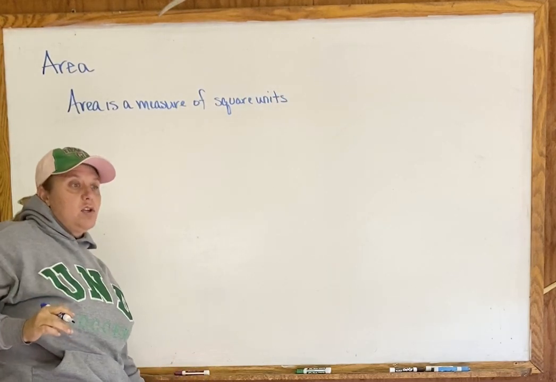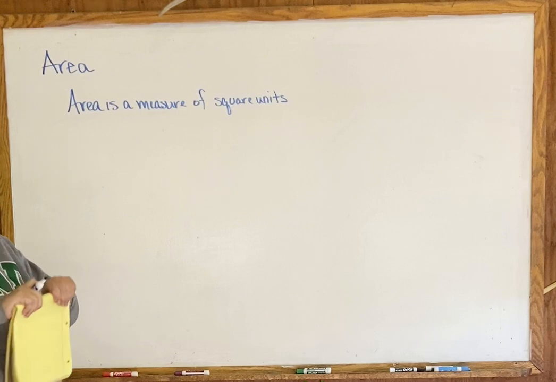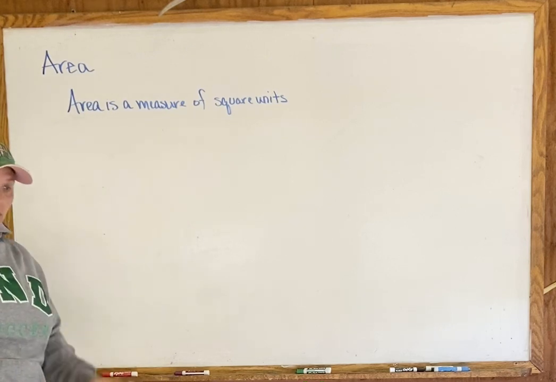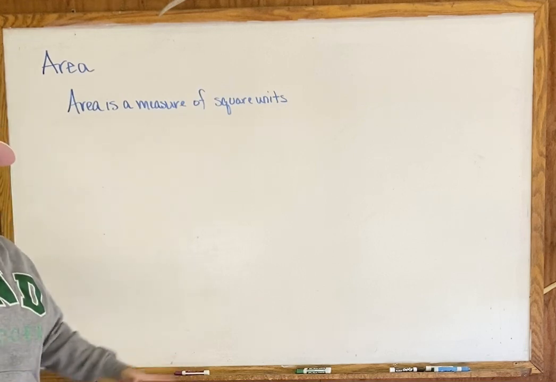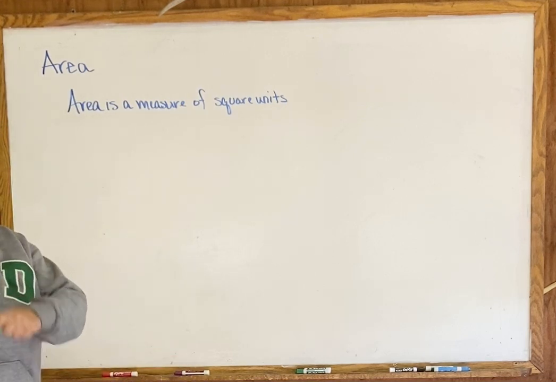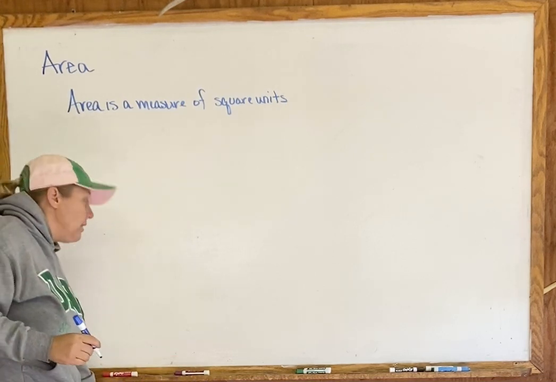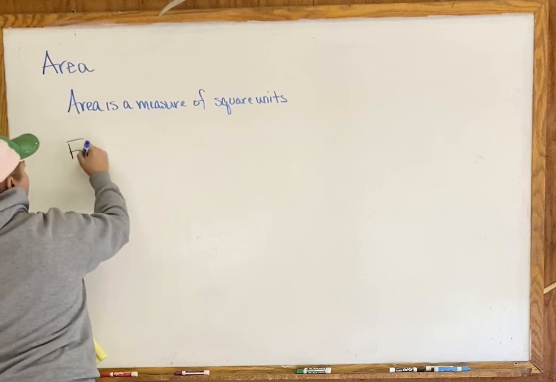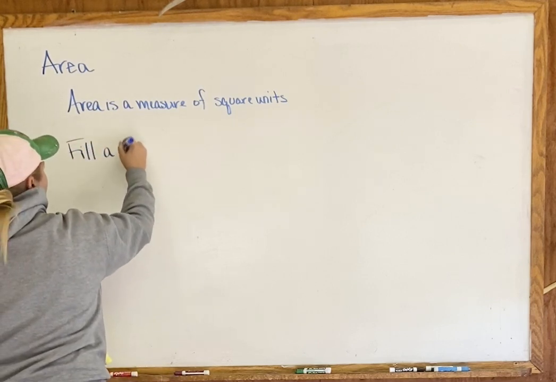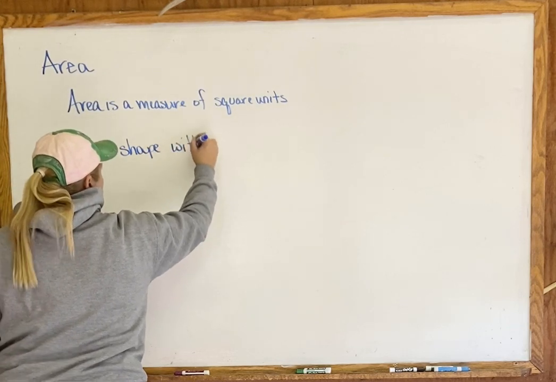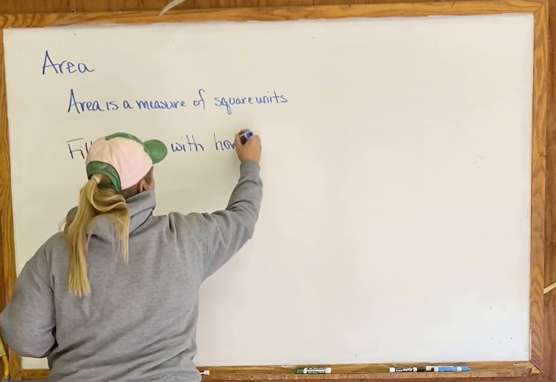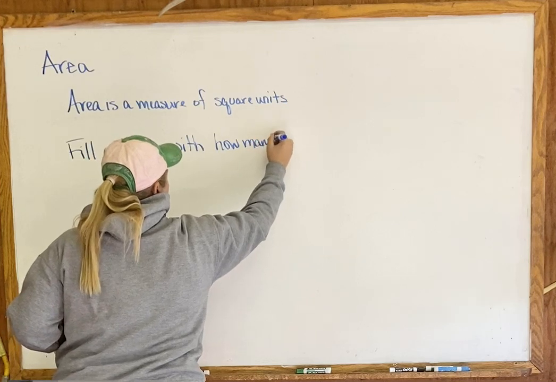A measure of square units. What that means is that we are looking at little squares, and we're going to take a shape and figure out how many little squares would go in it. So we are going to fill a shape with how many squares?